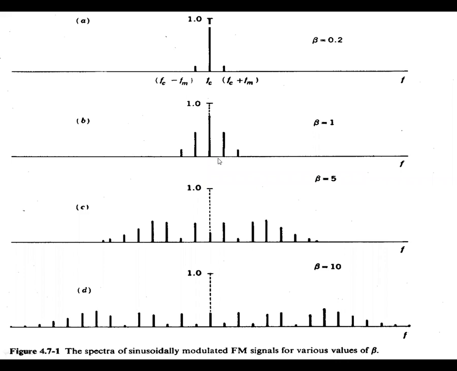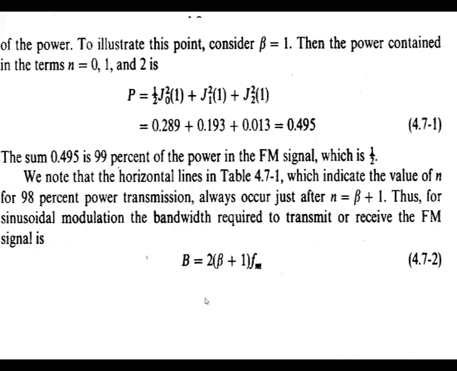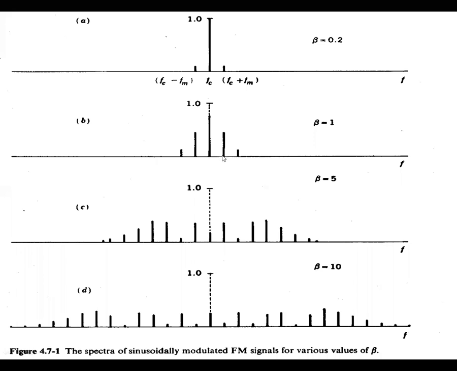The total is 4 sidebands, reflecting this formula 2 into beta plus 1.